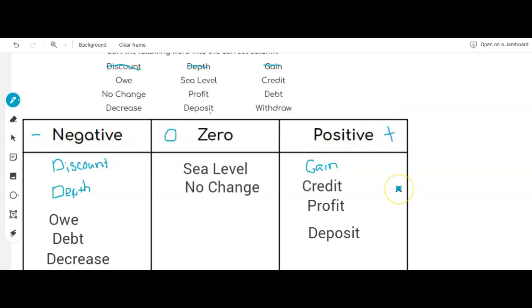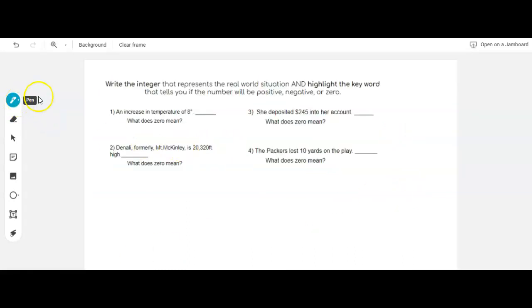Okay, we're going to go ahead and we're going to try and apply this to real life now. Go ahead and look at the bottom of your page. So it says write the integer that represents the real world situation and highlight the keyword that tells you if the number is positive, negative, or 0. So number 1, an increase in temperature of 8 degrees. Okay, so while I know 8's important, okay, which word tells me what to do? Increase does. You can highlight it, put a box around it, put a circle around it, make sure it's done though, okay?